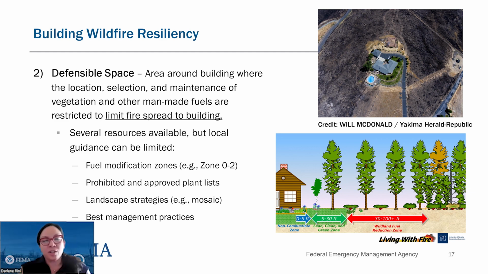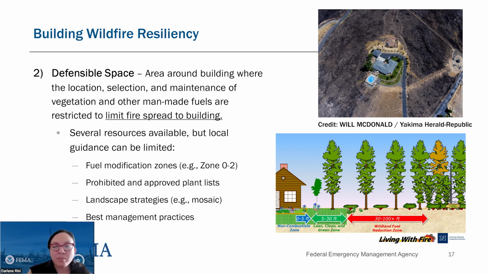Each of the zones is set up to have more and more restrictions on the type of vegetative and man-made fuels as you get closer to a particular building or structure. In some jurisdictions, there are prohibited and approved plant lists to help inform the vegetative choices you may want to use around a particular building or structure.